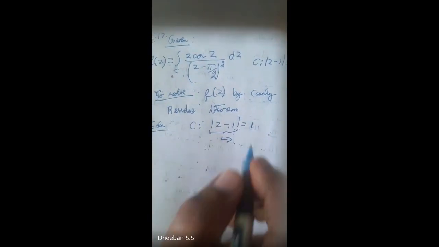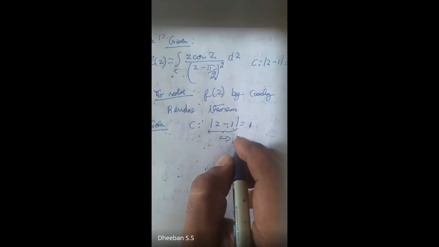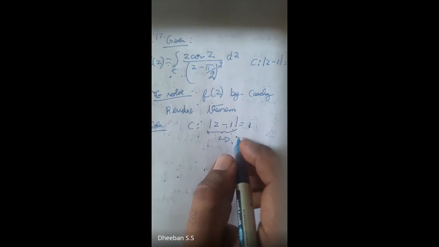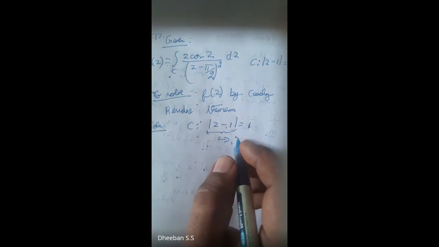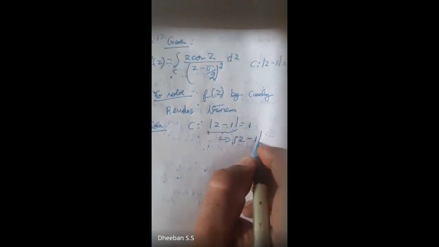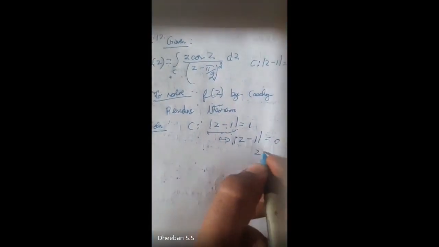So z minus 1 equal to 0, so your z value will be 1.